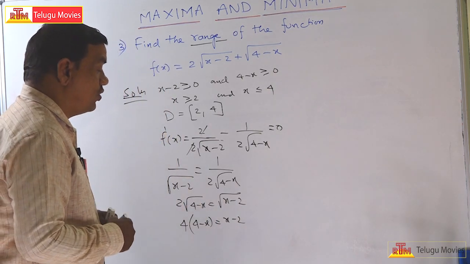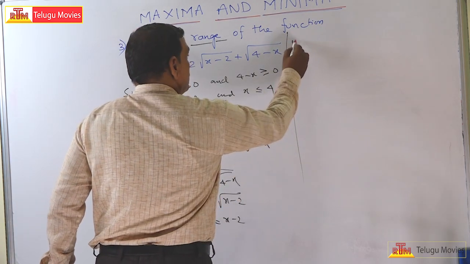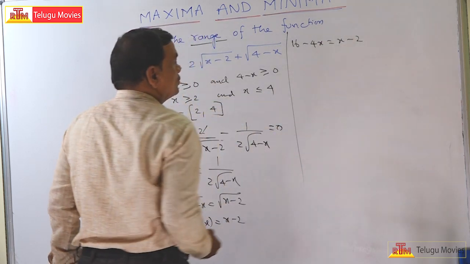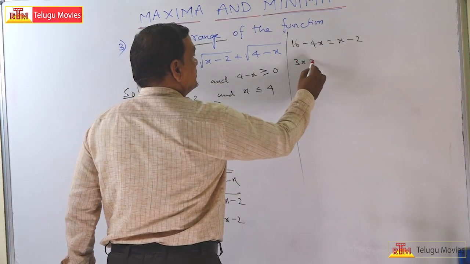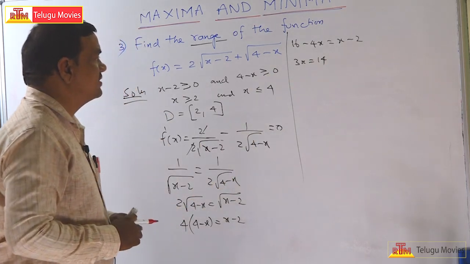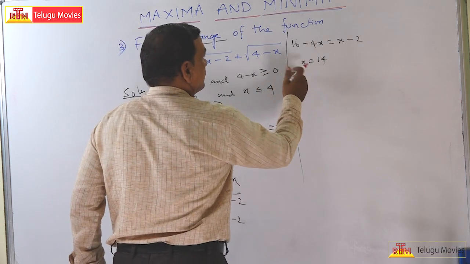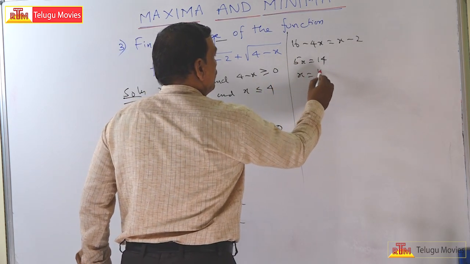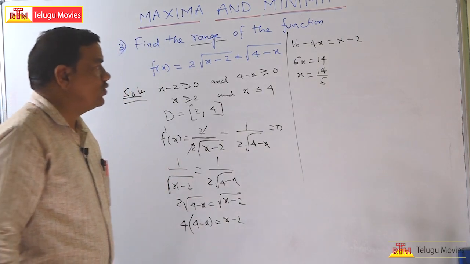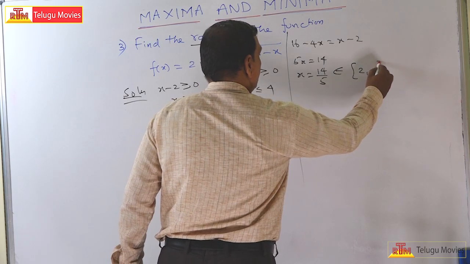So 16 minus 4x is equal to x minus 2. If minus 2 comes to this side, it becomes plus 2, so 18 is equal to 5x. So x is equal to 18 by 5. If you observe, this x belongs to our interval 2 to 4.